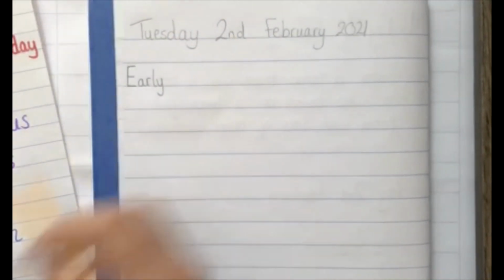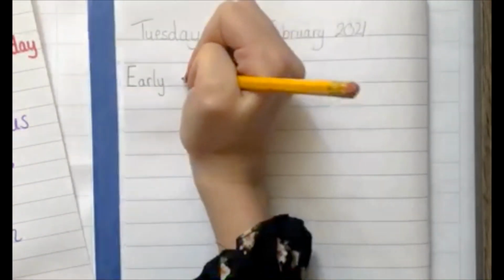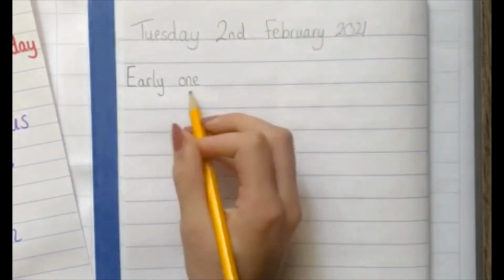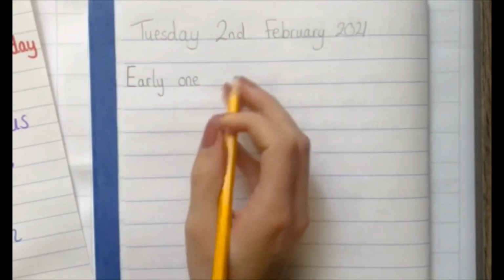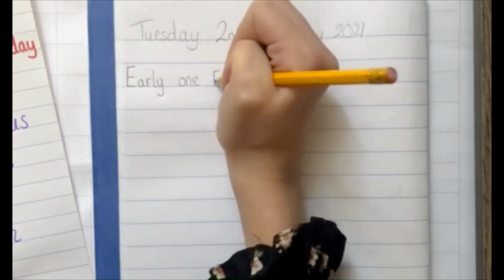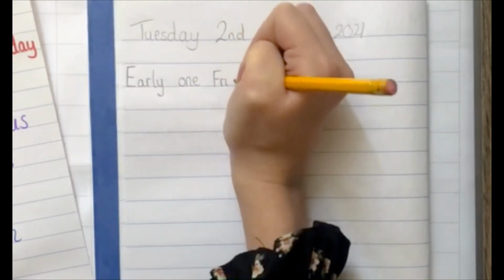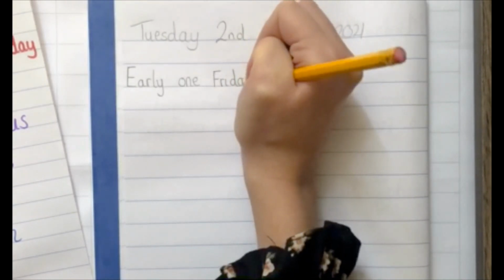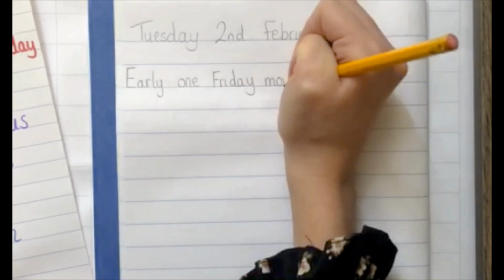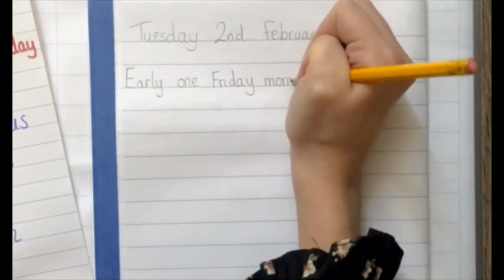Notice how much taller my capital letter is. Early one. Making sure we're spelling our tricky red word one correctly. Early one Friday. Friday is going to have a capital letter because it's a day of the week. Early one Friday morning.